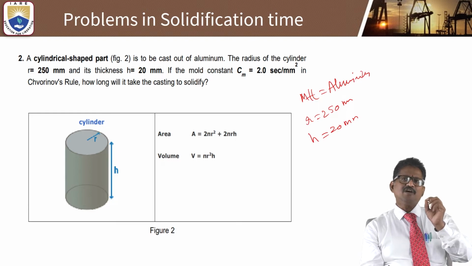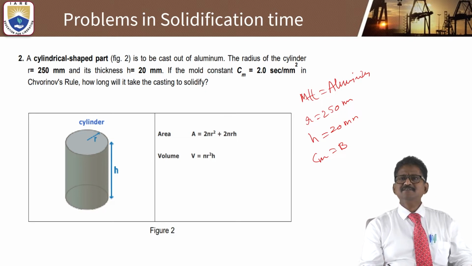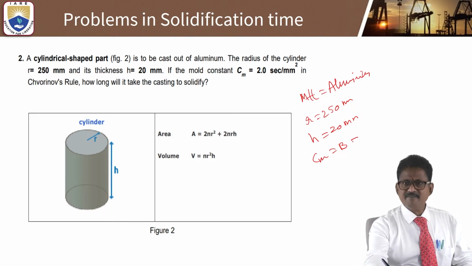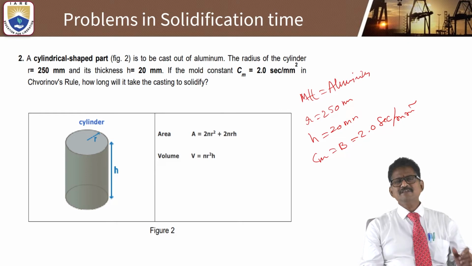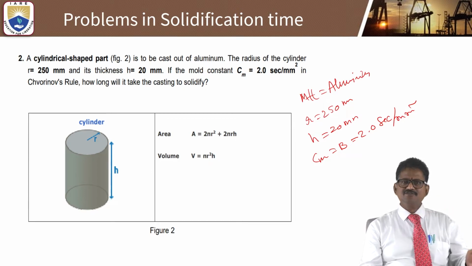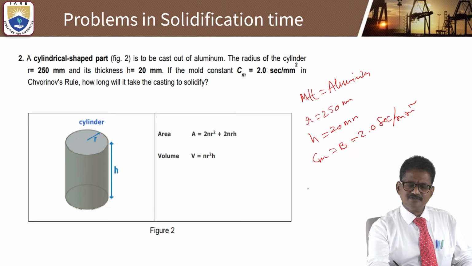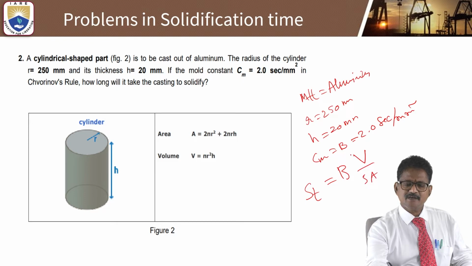If the mold constant Cm, also called B, is given as 2.0 second per mm square, this is Chvorinov's rule. In the last session I explained Chvorinov's rule, how long it takes for the casting to solidify. Solidification time is equal to B into (volume divided by surface area) whole square.